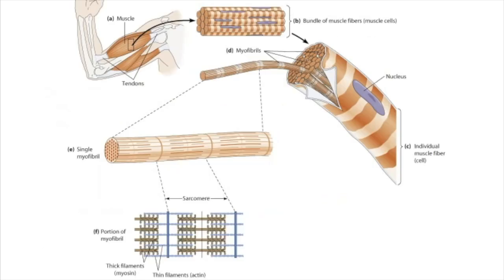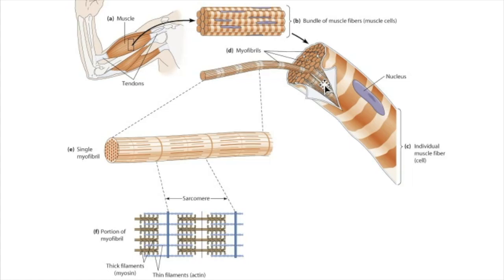This slide, too, shows a drawing of these levels of organization within skeletal muscle tissue, from the grossly visible muscle, something like a biceps brachii muscle. We can pull out bundles of individual cells called fascicles. And if we take one cell, and that's this structure right here, one cell, one muscle fiber, we can see that it's striated. Inside that cell, we will find all of the organelles that we find in any human cell.